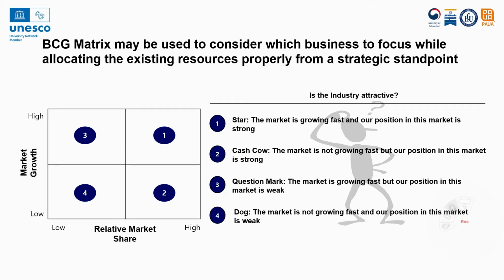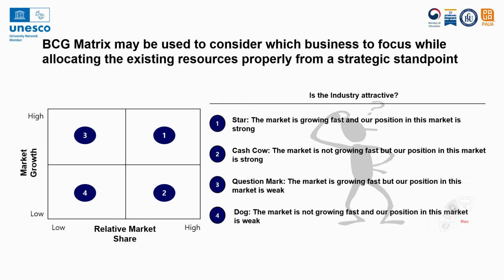But if you look at the right hand side, the bottom side is number 2, right? The market is not growing so fast, but our position in this market is still strong. We may call this a cash cow.